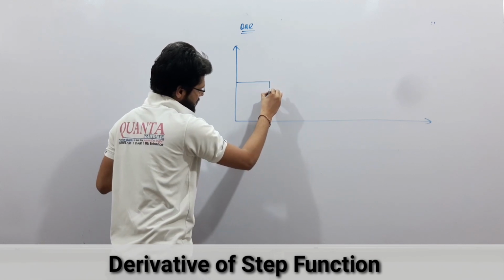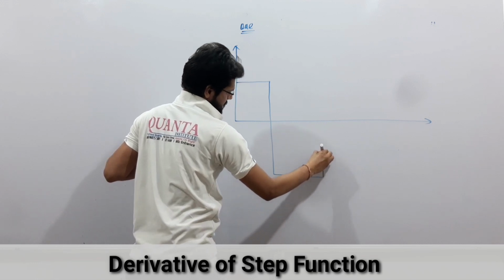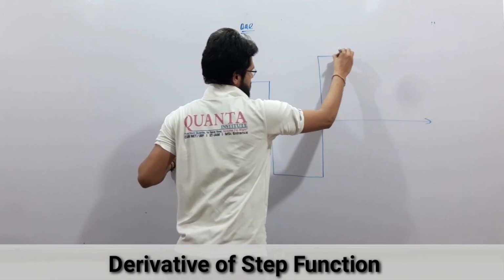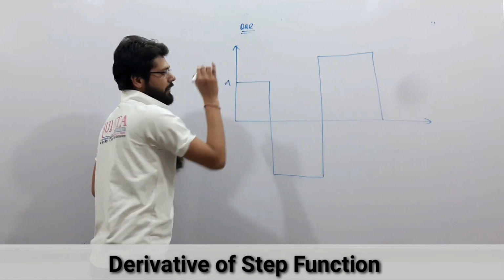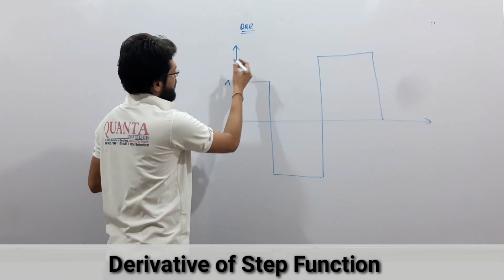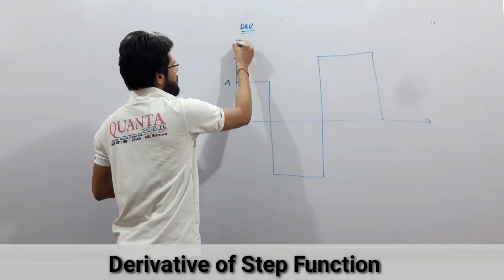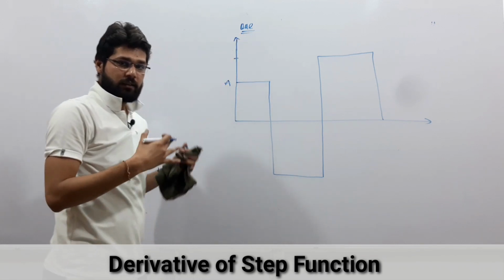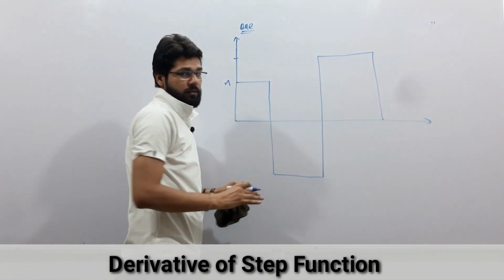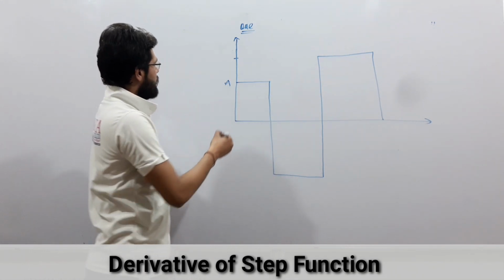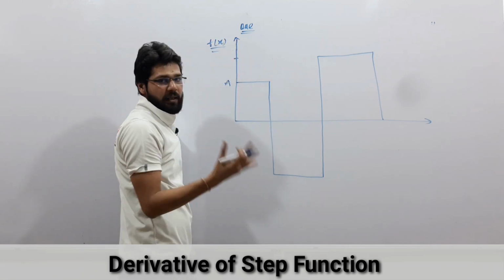This is a combination of step functions, a mixing of step functions, and you have to find the derivative of this function. Let me write it as f of x, and you have to find f prime x.